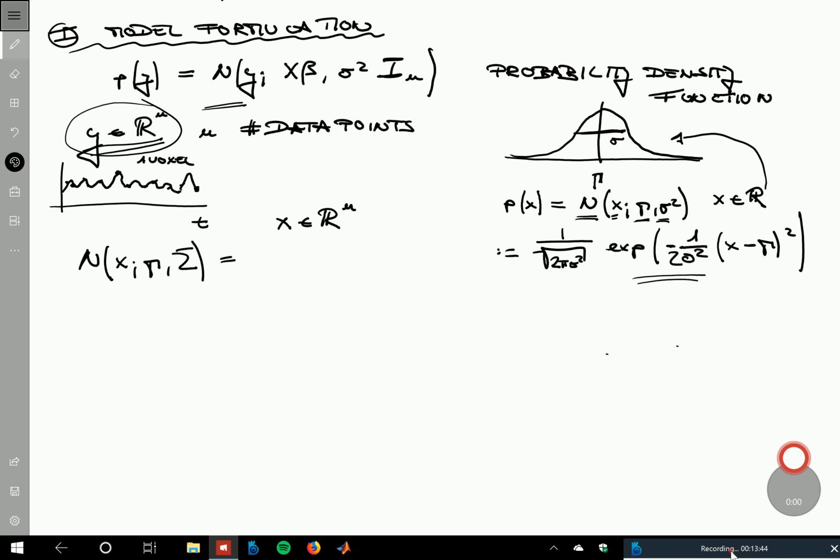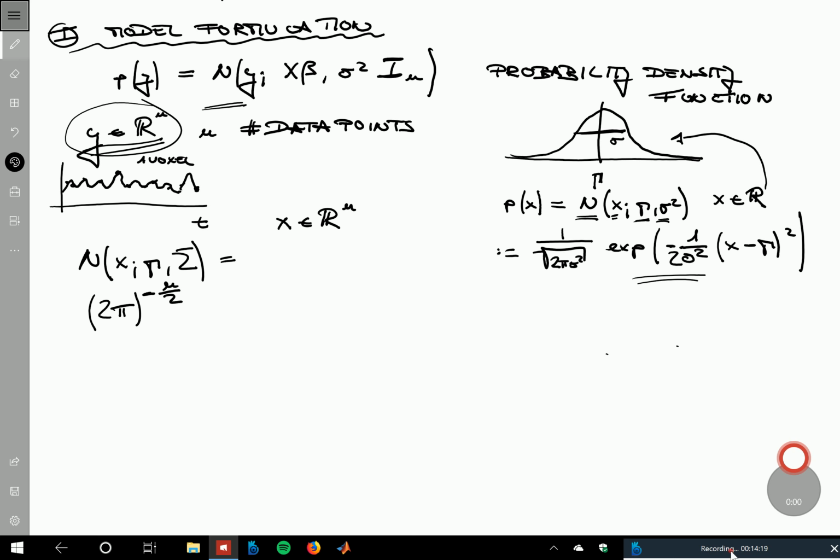And this is, again, just a function which is fairly similar to the univariate one.